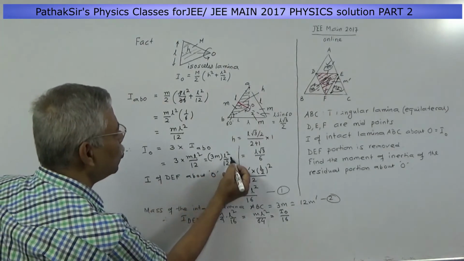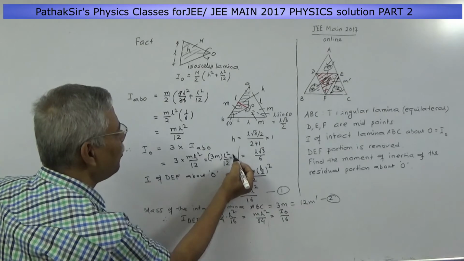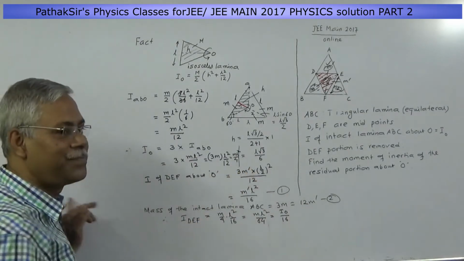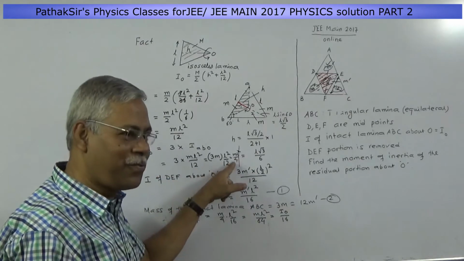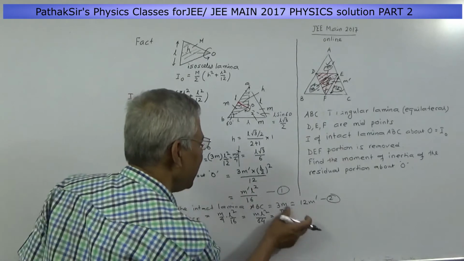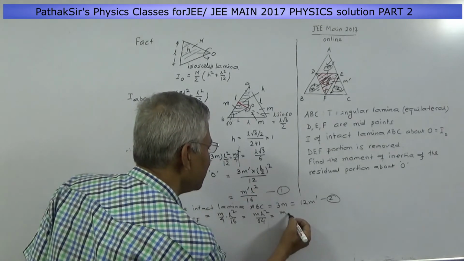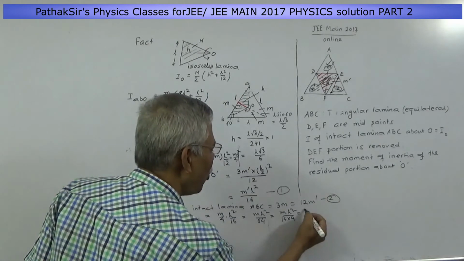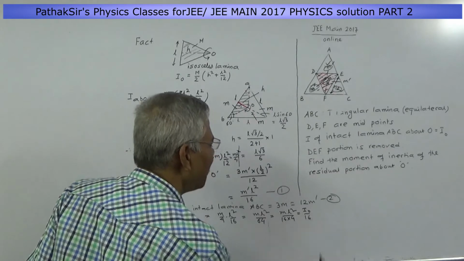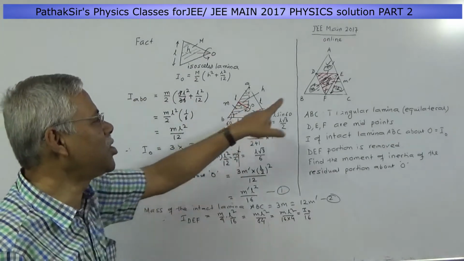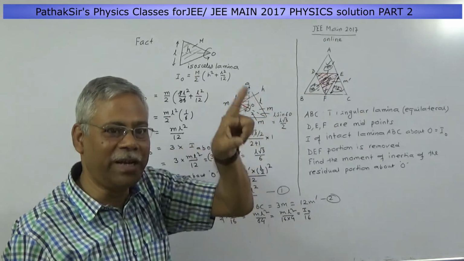I naught equal to ml square by 4. So ml square by 64 means ml square by 16 into 4, equal to I naught by 16. Is it okay? I naught by 16. This is the moment of inertia of this triangle DEF.